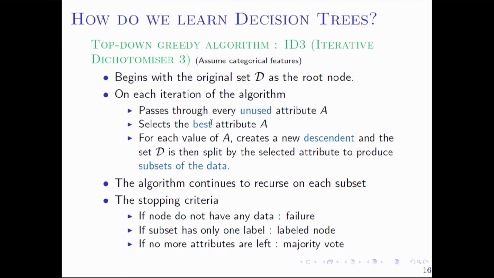So if the feature takes A1, A2 and A3, it will create 3 subnodes. If A is equal to A1, then it is the left side. If A is equal to A2, then it is the middle subnode. If A is equal to A3, then it is the right one. Here we are assuming that all features are categorical.